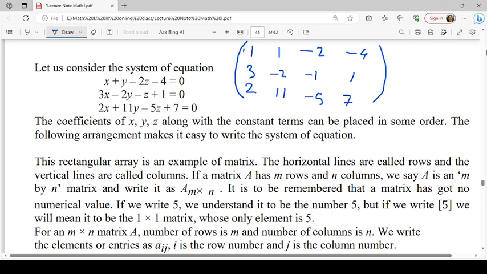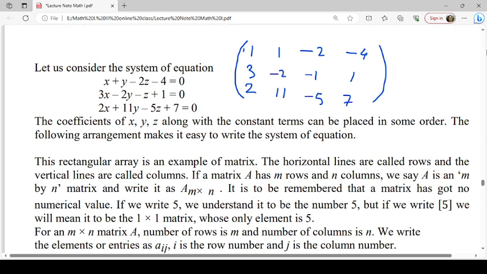So the row number we write here. This is 3 rows and 4 columns. So when we say aij, these are the entries. i is the row number and j is the column number.